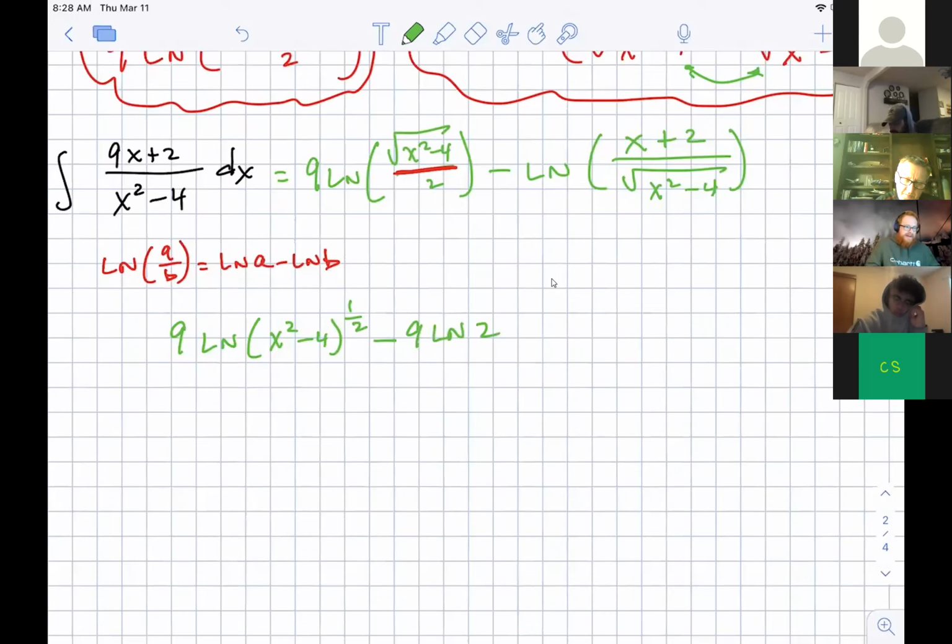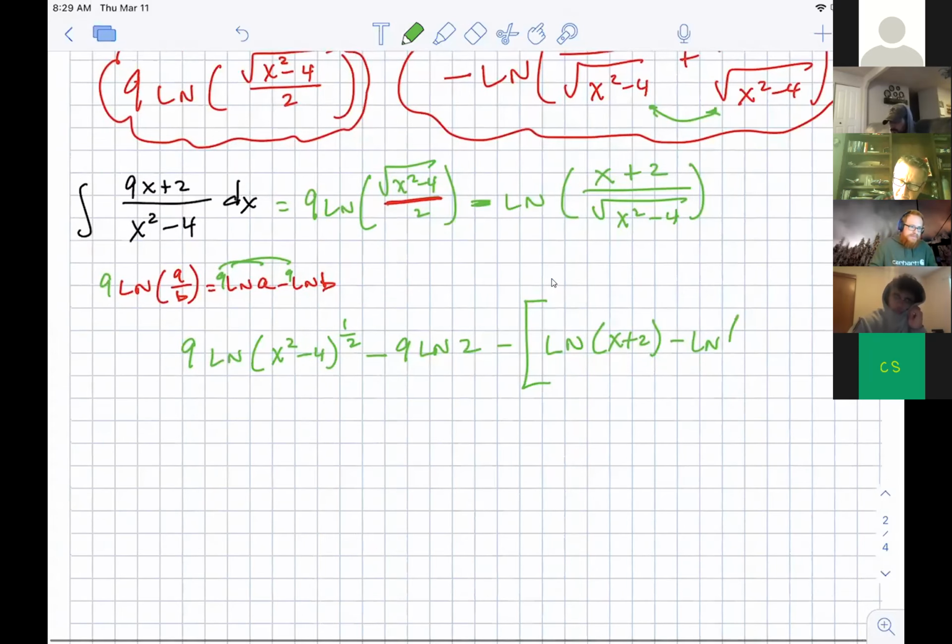Because if it's a subtraction problem, there was a 9 out front here, wouldn't both of these get the 9? Because you have to distribute it. And then wouldn't the other one be, notice it's a minus, you got to be careful here, minus the natural log. Actually, I think I'll write it a little more carefully. The natural log of x plus 2 minus the natural log of the square root of x squared minus 4.